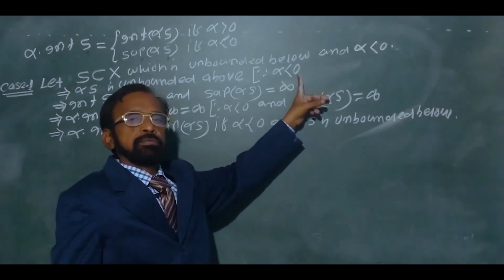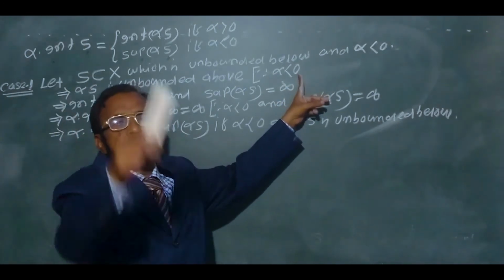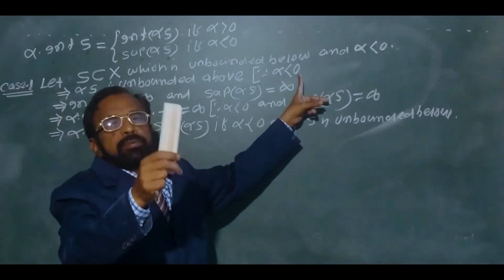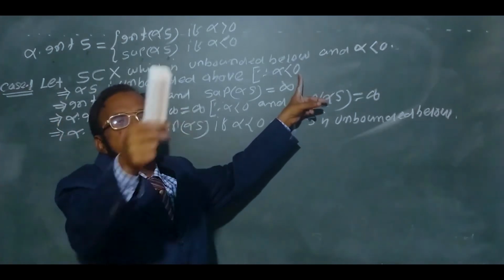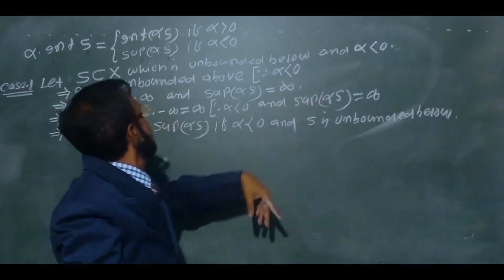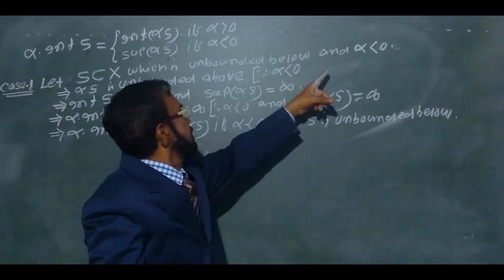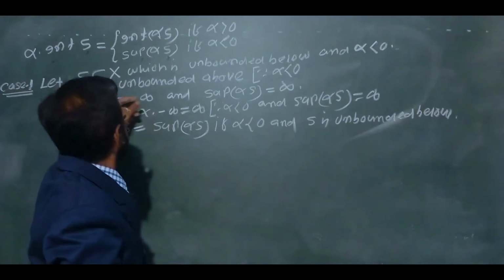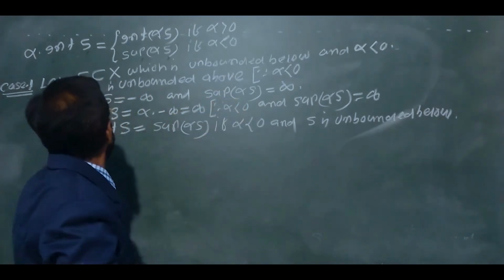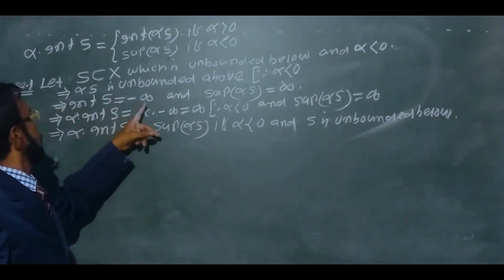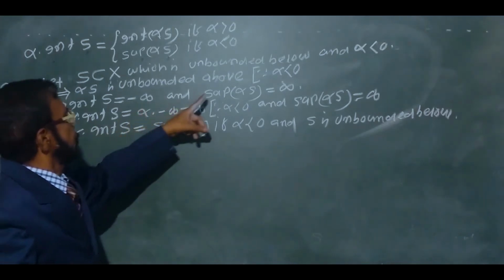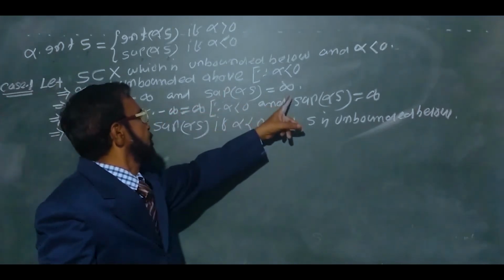Before we discuss, if a set is bounded above and you multiply by a negative quantity, then that set is bounded below. Since S is unbounded below and alpha is negative, alpha S is unbounded above. Infimum of S equal to minus infinity and supremum of alpha S equal to plus infinity.